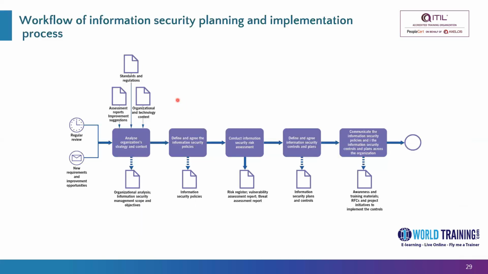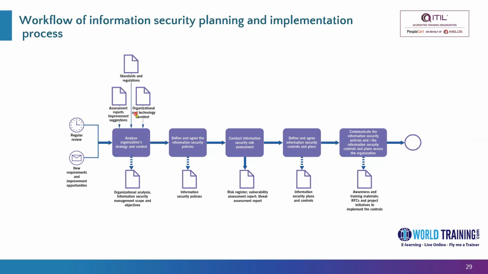This is a schematic for the process, and it's also essential for us to know which output comes in which activity. So we have seen there are 5 activities in this process, as shown by the darker boxes. And some of the key inputs are shown here at the top, such as standards and regulations, assessment reports, improvement suggestions, organizational technology and context.